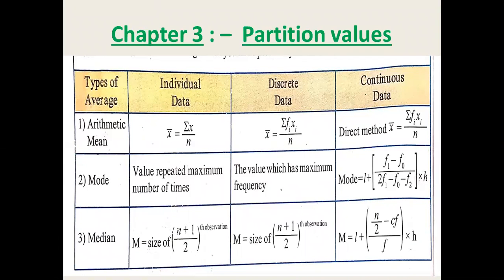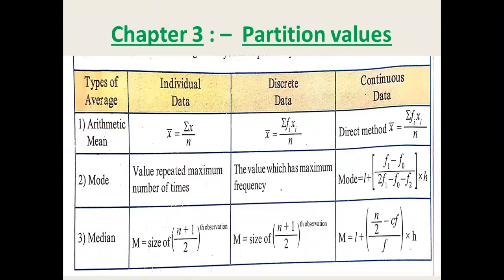If the series is limited and we have used a single variable, that time we use the individual data series. Then if the series depends on two variables, that time we use the discrete data series. Then third is the continuous data. There are also two variables, but the class interval is used.